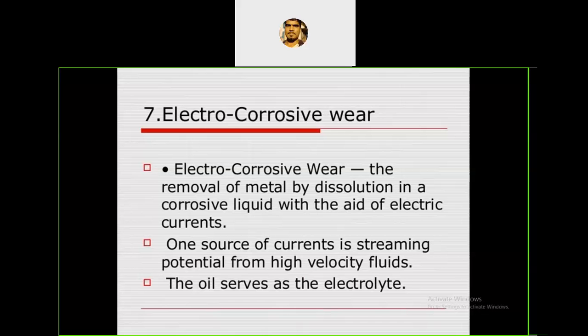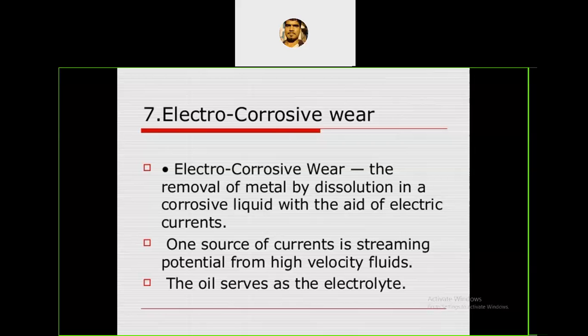That is electrocorrosive wear. There is also a source of current. If you supply the current, it will start dissolving its ions or atoms. And the oil serves as the electrolyte. If more oil is there, it will act as an electrolyte and start dissolving the atoms.